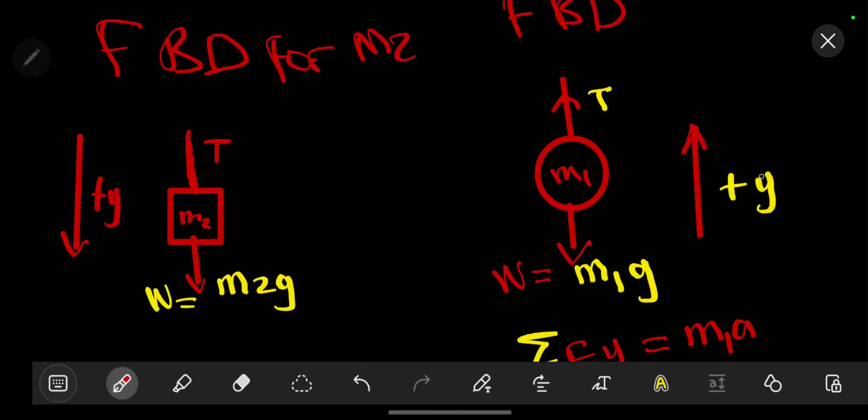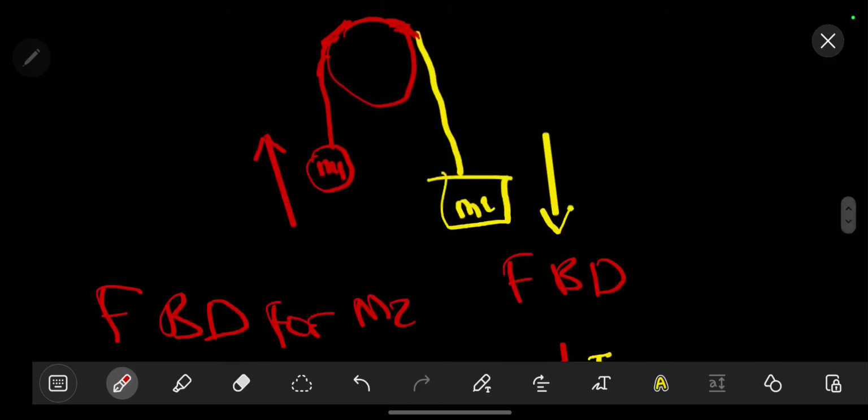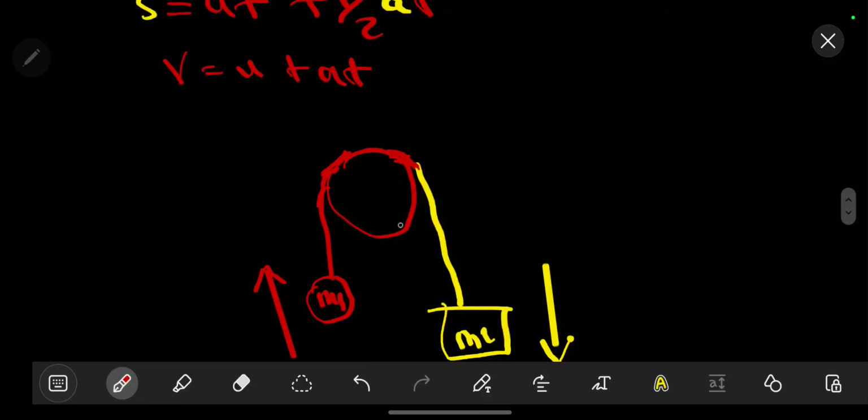So remember, you just use your logic. Now, if you don't know the direction of movement of the system, it simply means that if you assume a direction and the acceleration you get is a negative value, that only tells you that in the actual sense it was moving the other way around. The acceleration being negative means you have reversed the direction, which is no problem.